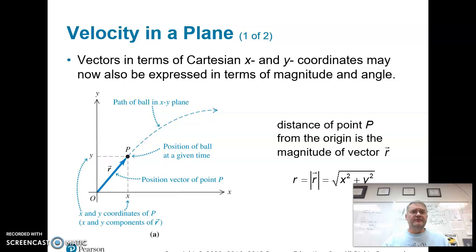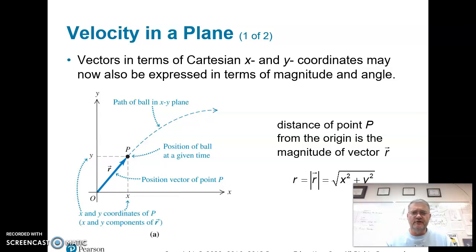So, vectors in terms of the Cartesian x and y coordinates. Basically what we're talking about here is having a direction in the x direction and a distance, whatever the measurement is, in the y, and then combining those values together to determine the resultant.